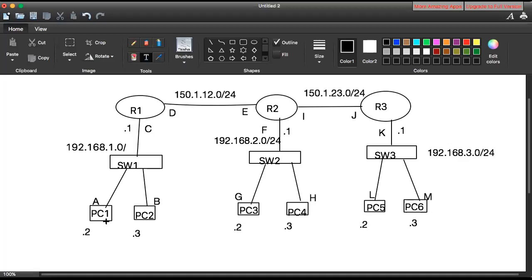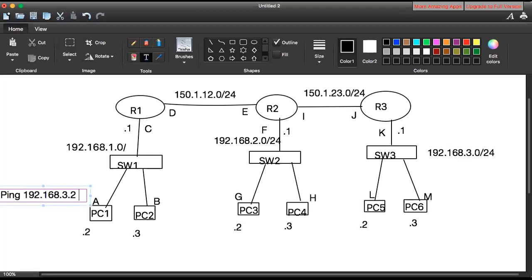Now, what I want to discuss here from the PC1 perspective, you being a network engineer, is when you initiate a ping from PC1 to, let's say, PC5. So you use ping and let's say 192.168.3.2, and hit enter.